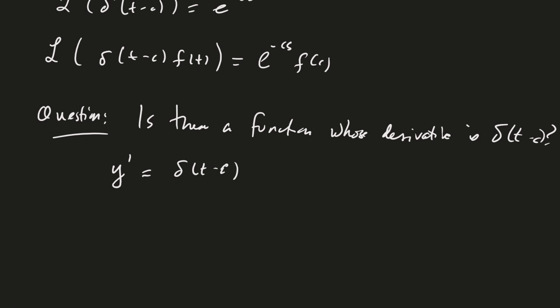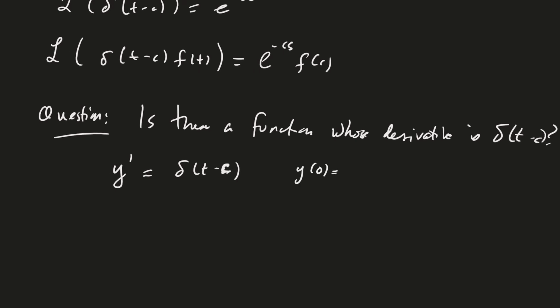And just for the sake of making my algebra work out nicely, I'll take y of 0 to be 0. Okay, and so now go ahead and solve this using the Laplace transform. And we have s times y equals e to the minus cs. So y is equal to e to the minus cs over s. And so what is y of t then? Remember, y of t is just going to be equal to u sub c of t.